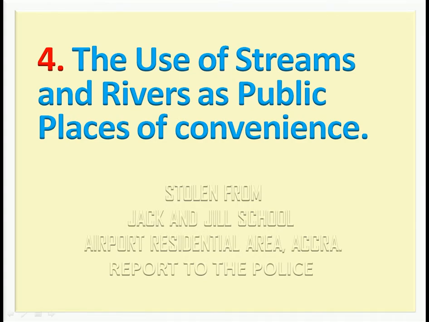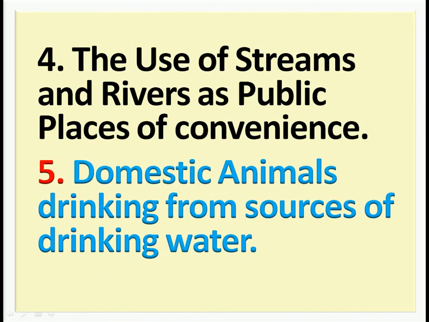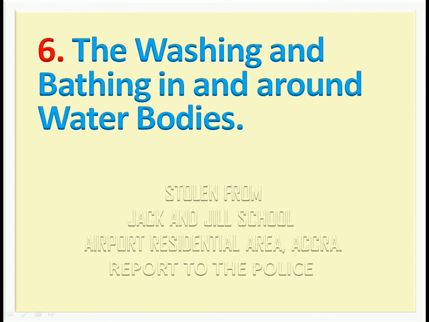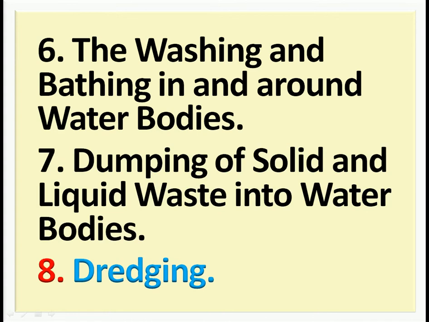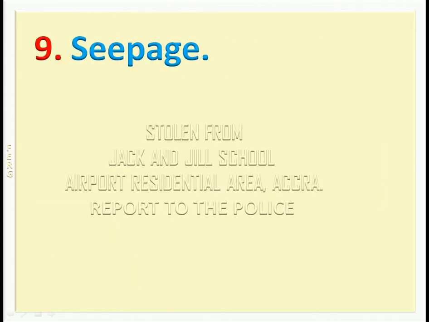The use of streams and rivers as public places of convenience. 5. Domestic animals drinking from sources of drinking water. 6. The washing and bathing in and around water bodies. 7. Dumping of solid and liquid waste into water bodies. 8. Dredging. 9. Seepage.